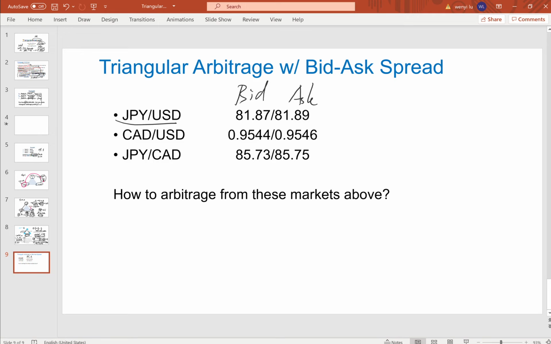And you know, for the interbank wholesale market, our dealer is the bank, the global bank. They buy and sell the currency to make a profit. They buy low and sell high. So they have two prices. The bid price is how much the dealer is willing to pay to buy the currency, and the asking price is the price they ask to sell the currency.